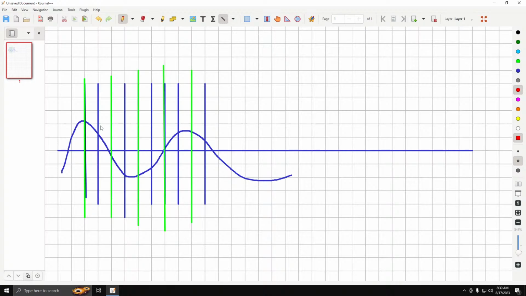Hang on, now I gotta read the thing again. This is linear quantization. So yeah, this is okay.